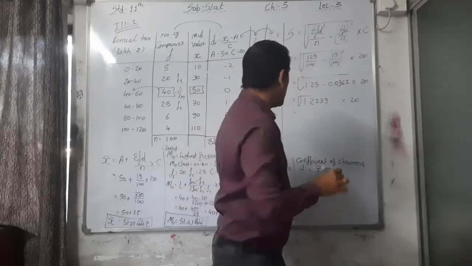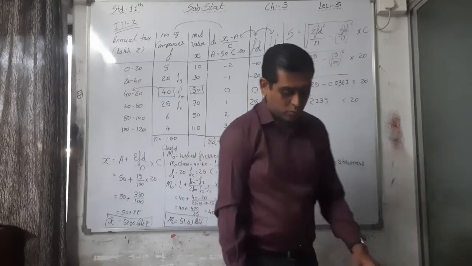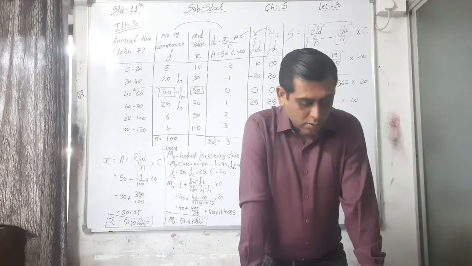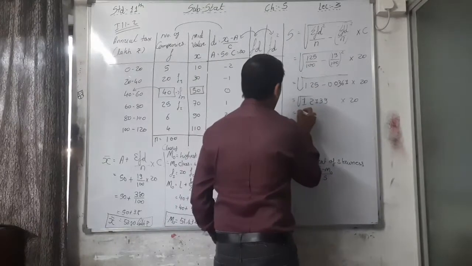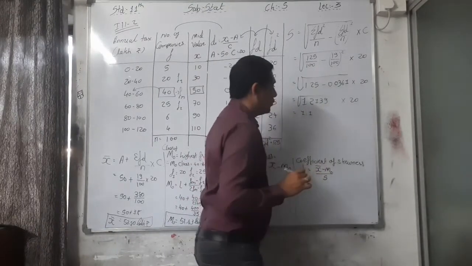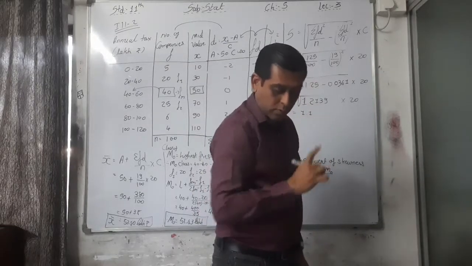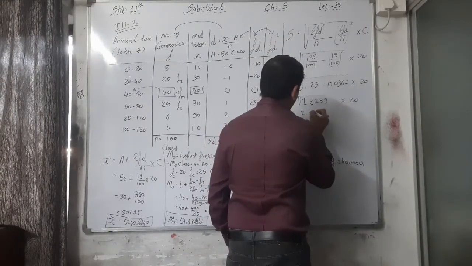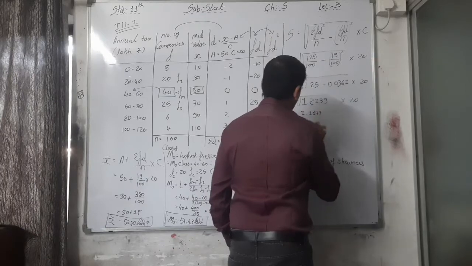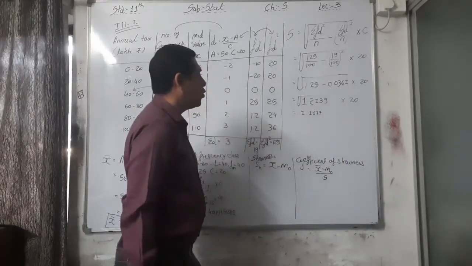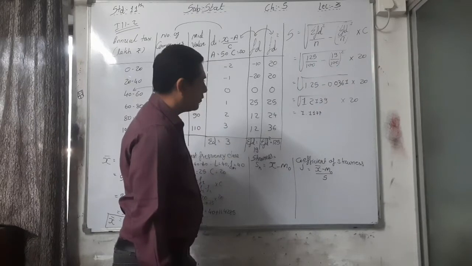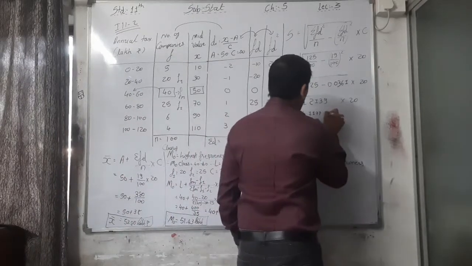Find out the square root of 1.2139 into 20.